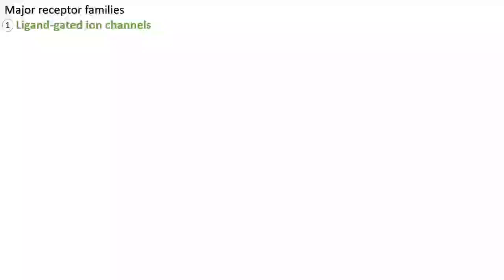But ligand-gated ion channels are ion channels that open when a ligand binds to them. So their gates are opened when a specific ligand binds to them. So in a very simple way, these types of receptors are ion channels, or part of them are the ion channels.